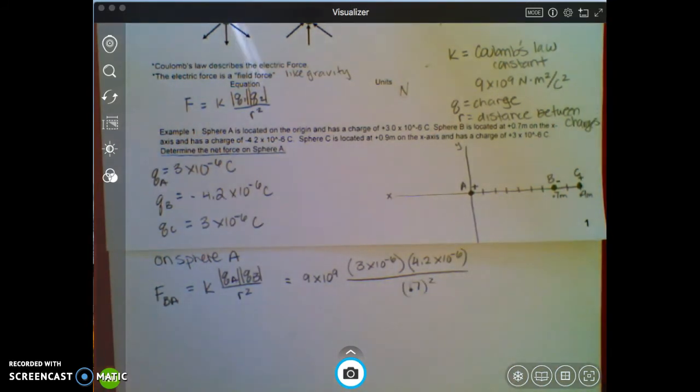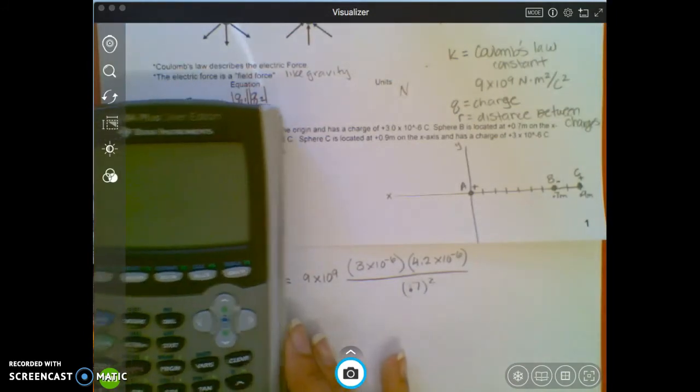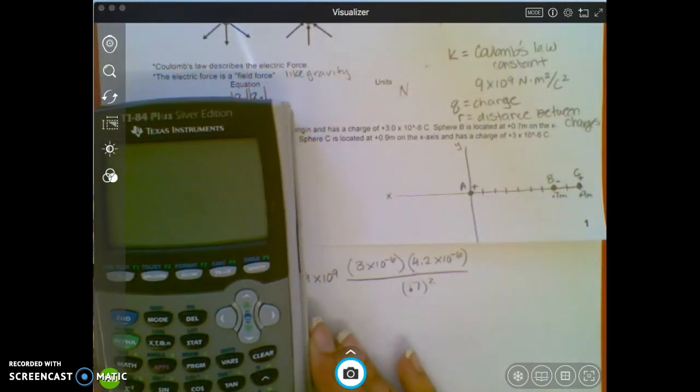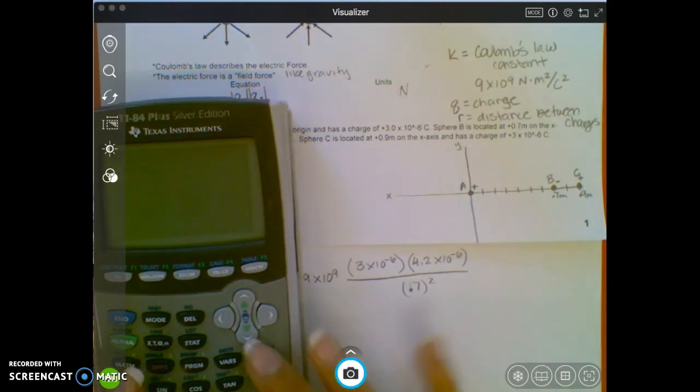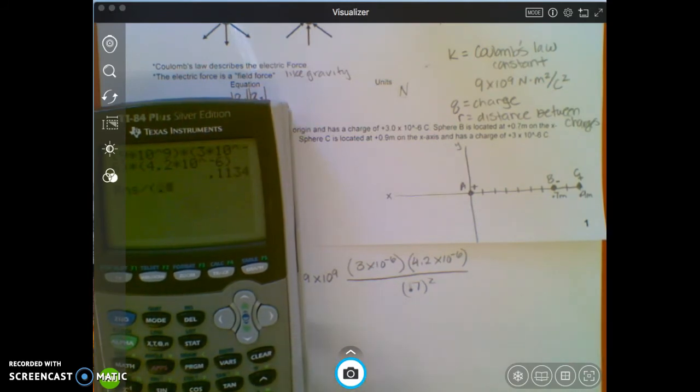I'm going to plug this in my calculator in front of you so that you can see the first one, and then from there I'll do it on the side here. So I have 9 times 10 to the ninth, in parentheses, times 3 times 10 to the negative 6 times 4.2 times 10 to the negative 6. That's my top part. Then I divide that by 0.7 squared.